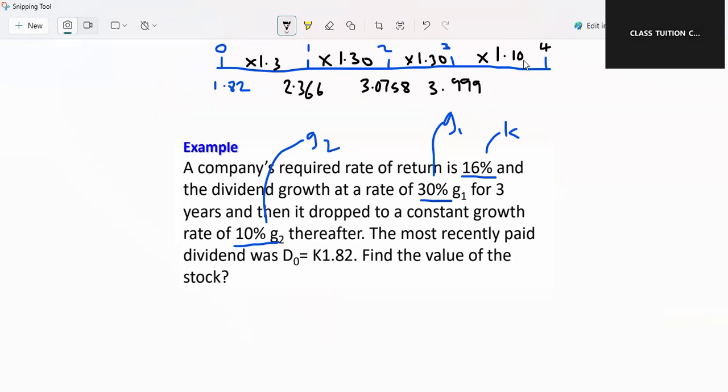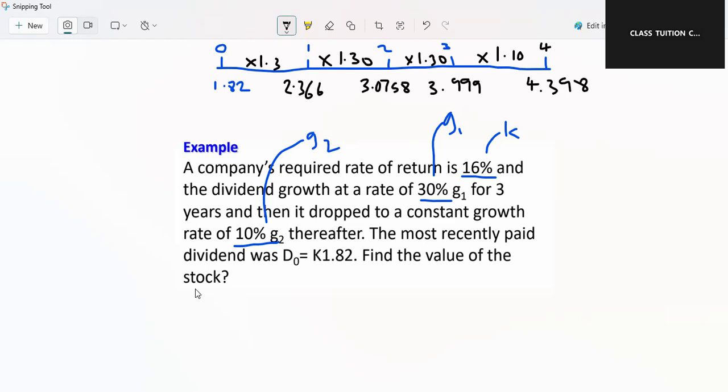Now from year 3 to year 4, we're going to multiply times 1.10. We're going to get 4.39. Ideally, it's better to put them in two decimal places, just to avoid over-rounding. So this is the projection of the growth of the dividends in year 1, year 2, year 3, year 4.